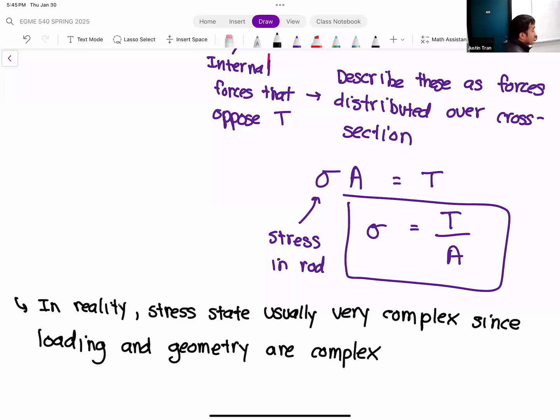All right, any questions on just the concept of stress here? Okay, cool. All right, so next thing I want to discuss is the difference between normal stresses and shear stresses.